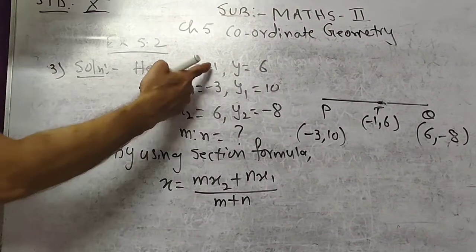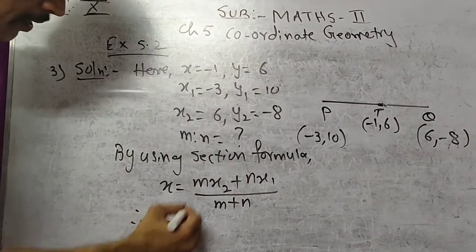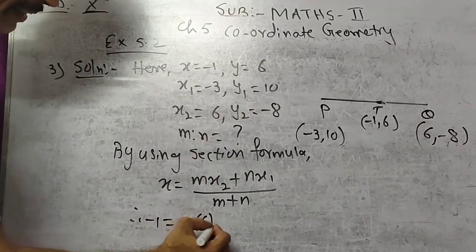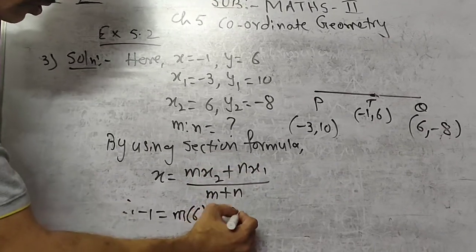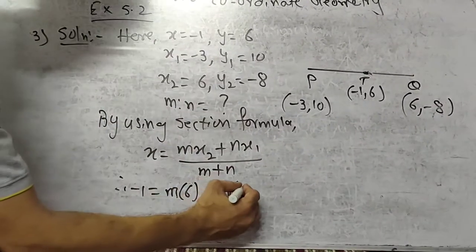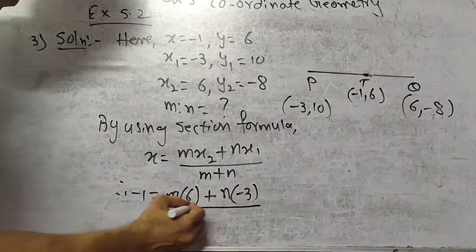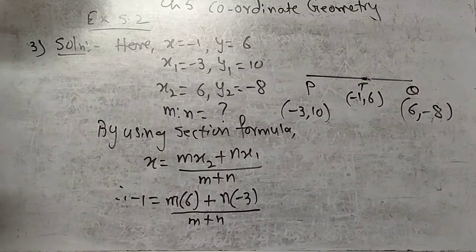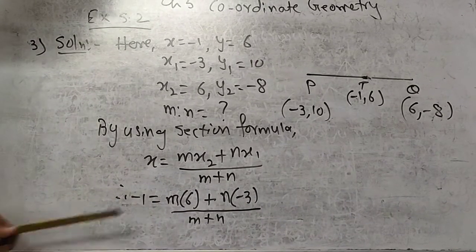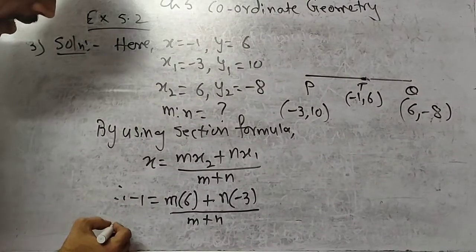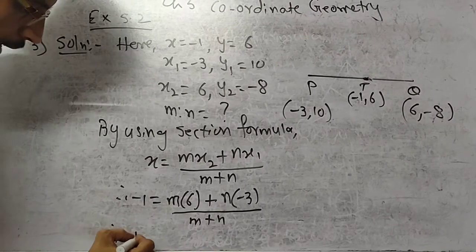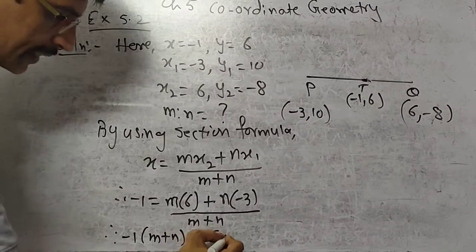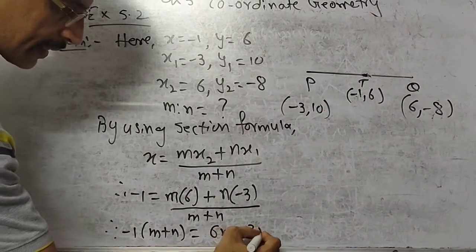Now x is what? Minus 1. m you don't know. x2 is 6, n you don't know. x1 is minus 3 upon m plus n. Okay, now m plus n will come up here, so you will get, therefore minus 1 into m plus n is equal to 6m minus 3n.